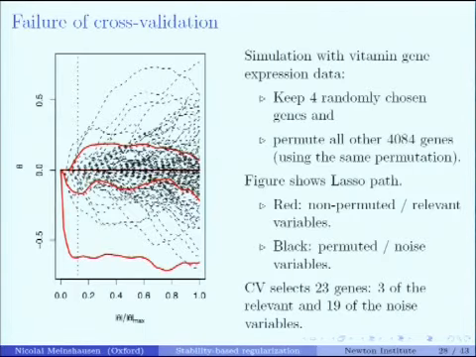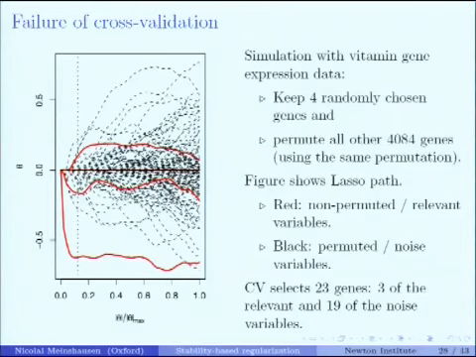So here's an example again. It's again the vitamin expression data. And what I did was I kept 4 genes just as they were and permuted all the other 4,000 and something genes with a random permutation.